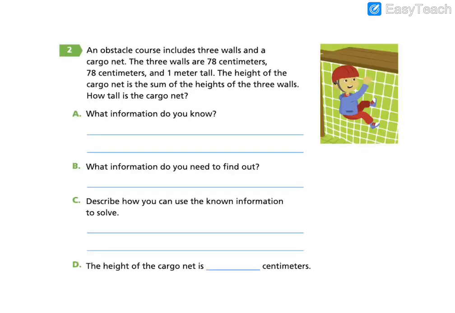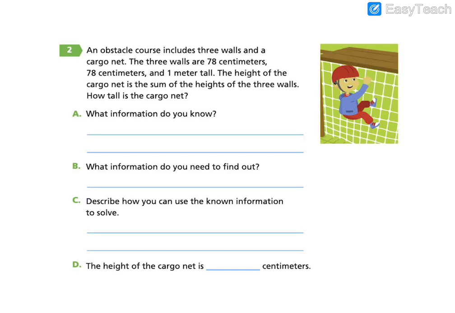Right, let's look at our second problem here. An obstacle course includes 3 walls and a cargo net. The 3 walls are 78 centimeters, 78 centimeters, and 1 meter tall. The height of the cargo net is the sum of the heights of the 3 walls. How tall is the cargo net?